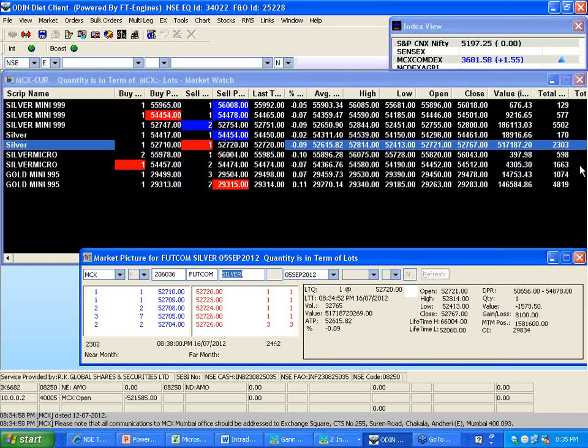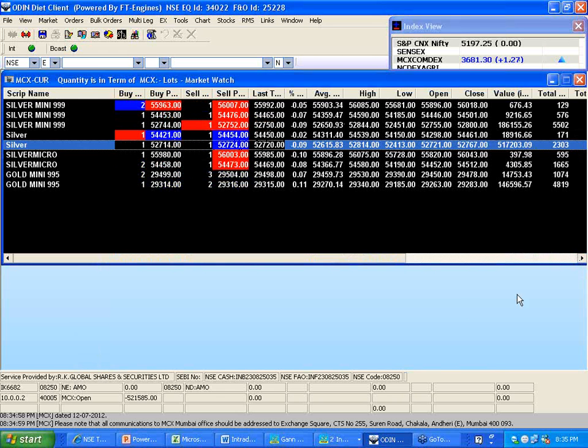Almost some 8,000 rupees it is currently giving me. I can think of closing this trade and booking this profit at this point of time also. So this is the commodity, the same way of calculation.